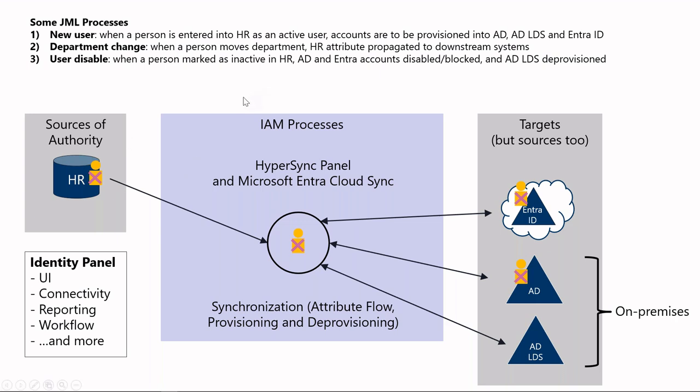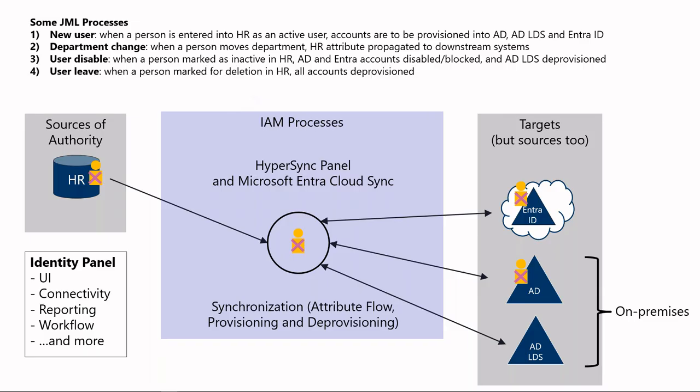So that's another business requirement and another test case. Our fourth and final test case for the purposes of demonstration is when somebody leaves. They don't actually get taken out of the HR system, they're just marked as though they were deleted, and that should result in them being completely taken out of these target systems. So there's 4 tests that we're going to try and demonstrate.